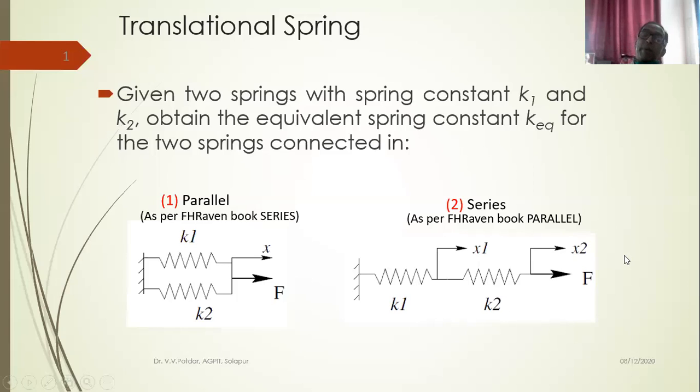So overall displacement X will be summation of X1 of spring K1 and X2 of spring K2. So here small x, that is total displacement of this parallel arrangement, is X1 plus X2.